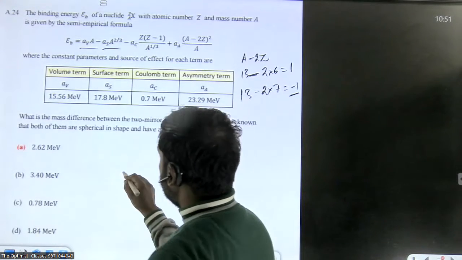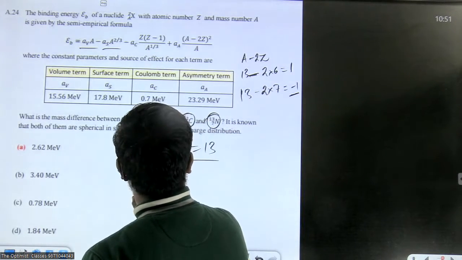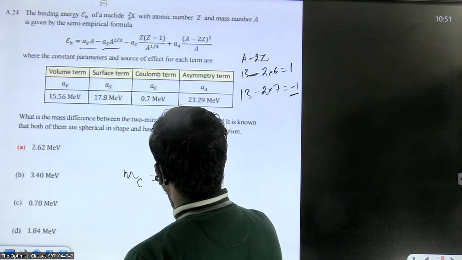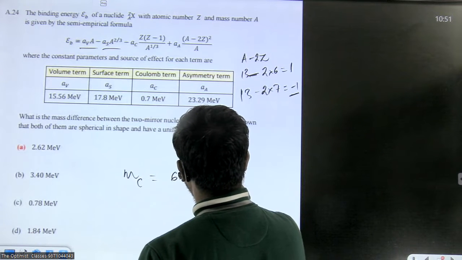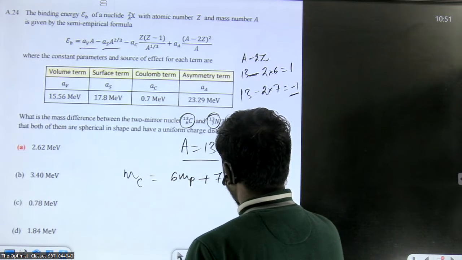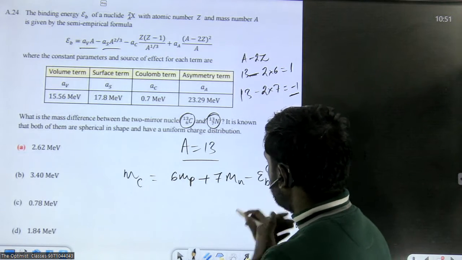So we write the mass of carbon. In carbon we have 6 protons plus 7 neutrons, so 7 times the mass of neutron, minus the binding energy of carbon.